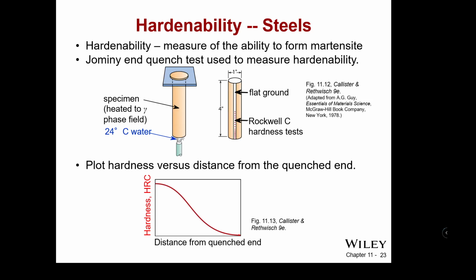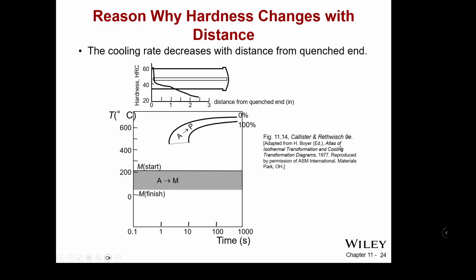You take a specimen, heat it to the austenite phase, so heat it up over 800 C. Then you drop it down into this holder and you hit it with water at room temperature, and it cools, and the distance from the quenched end has a lower and lower hardness, and you'll see some kind of a curve that comes out of the data that you get from that lab testing for Rockwell hardness on the C scale.